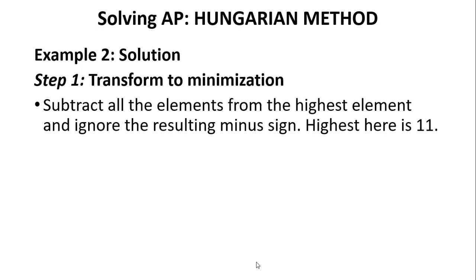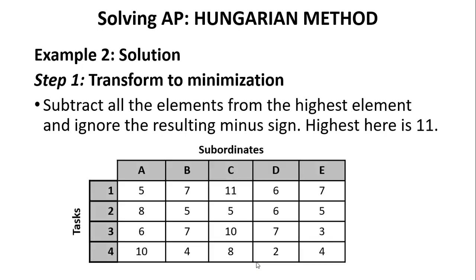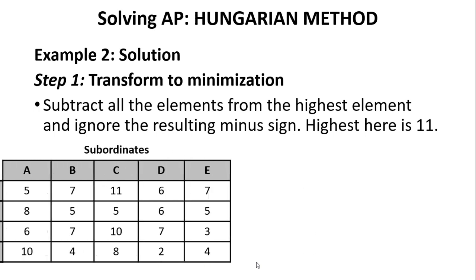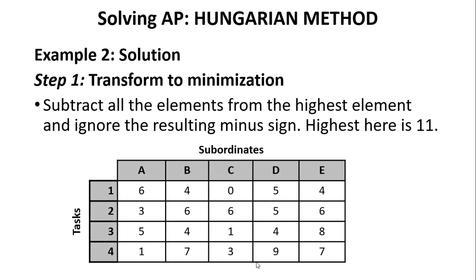And we ignore the minus sign, where in this table you can see the highest element is 11. So we are going to subtract all elements in this matrix from 11. By doing so, we are going to end up with this matrix, which is a transformed matrix after subtracting all elements from 11.